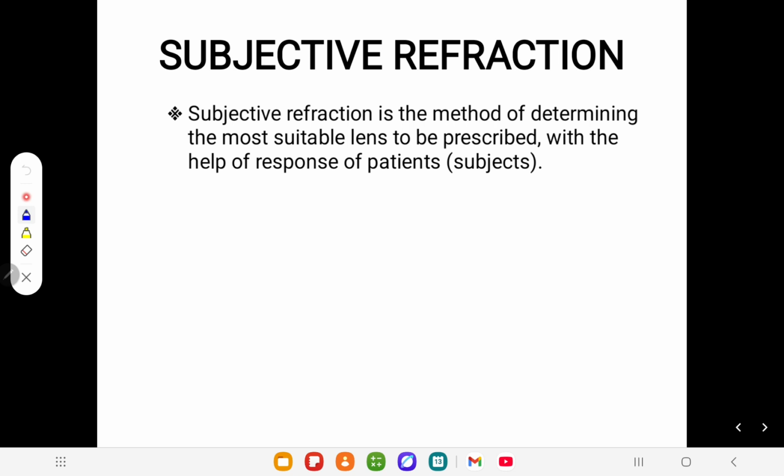What is subjective refraction? Objective refraction means the patient's subjective response is needed only minimally. Subjective refraction is the method of determining the most suitable lens prescription with the help of the response of the patient. So with the help of the patient's response, we optometrists determine the suitable lens prescription.